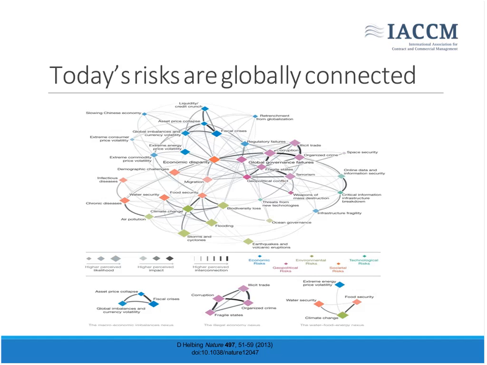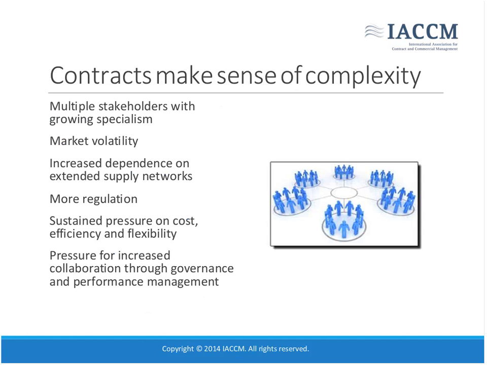Our next chart starts to look at some of those sources of complexity. First of all, and this will come as no surprise to anybody on the call today, is the challenge of a growing range of stakeholders. If we thought things were difficult in the past, it seems like with each passing day they get worse.